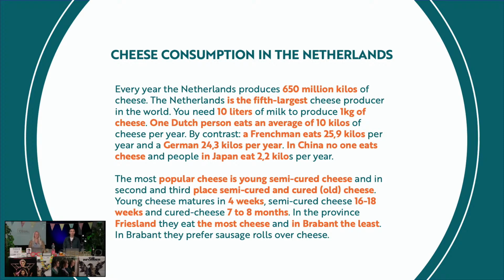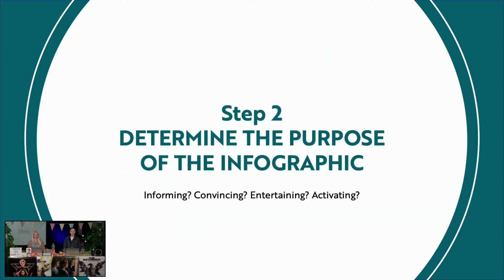And that's also funny to know how many weeks it takes to make a certain kind of cheese. Yeah. And then of course we have places. So the Dutch provinces in which they eat the most cheese or the least cheese. So we have to think about how we can visualize this. Yeah, so we already narrowed it down, which is great, because now you have more structure.